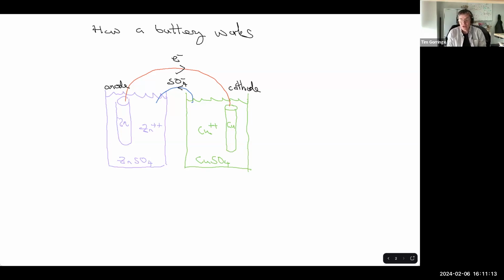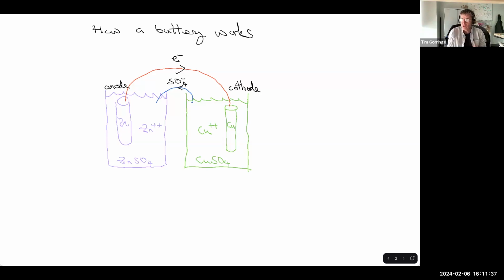What is the nature of chemical energy? What really is chemical energy? Well, chemical energy is associated with the electrons of atoms and molecules. In some atoms, there's a greater affinity for electrons. In other atoms, there's a lesser affinity for electrons.